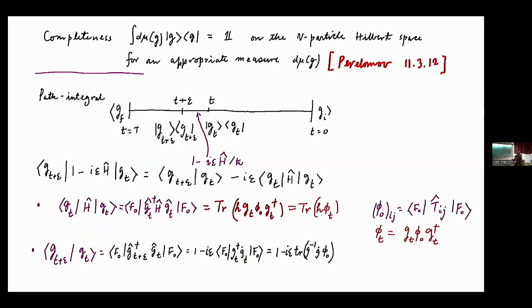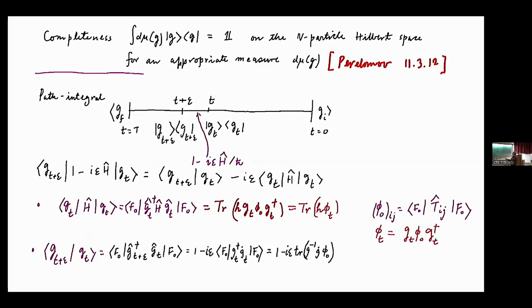This is what I'm going to use now in order to compute the path integral by inserting time slices, and the infinitesimal kernel is going to be this thing. The Hamiltonian term is just going to be trace of h times phi, where this is an important concept, phi_0 ij, the expectation value of b_i dagger b_j in the state f naught.